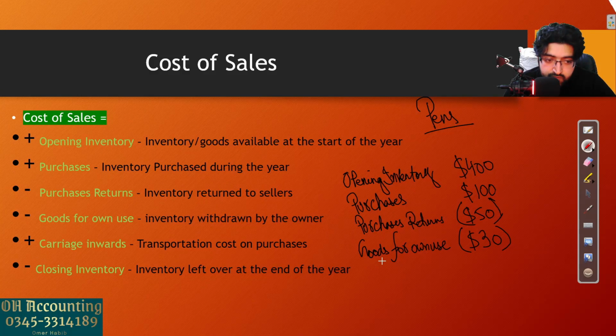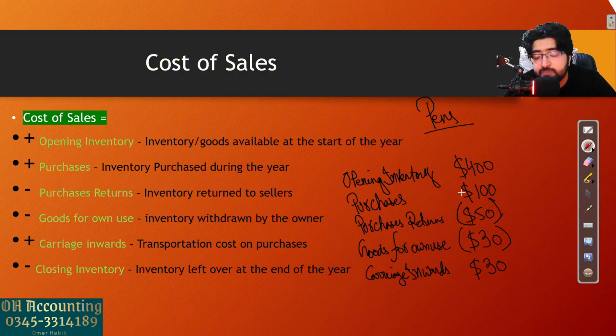Then carriage inwards, the transportation cost. Let's say I had to pay carriage inwards of $30 to bring these pens into my business, the ones that I purchased here. So obviously I have to include that in cost of sales, because this is also an expense that I had to pay for purchasing these goods.